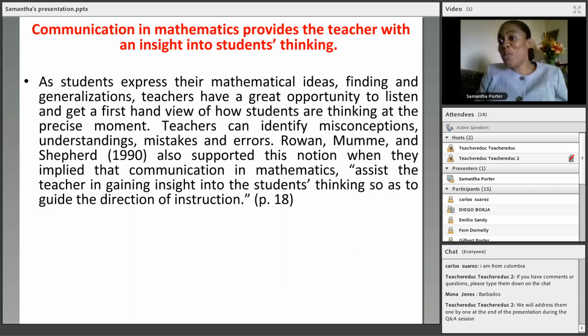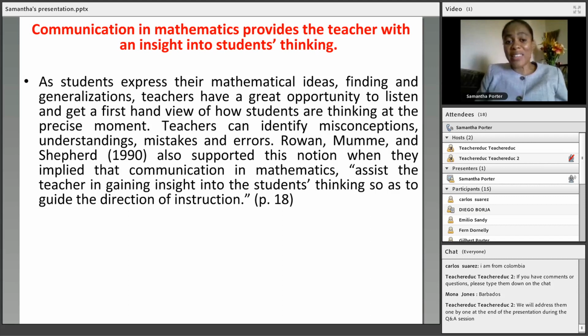We don't have to wait for a test or an assessment to understand how students are thinking. When we make communication an important part of our teaching, we get to know what students are thinking immediately, and we are able to adjust our teaching and address misconceptions. Teachers can identify misconceptions, understandings, mistakes, and errors as students communicate in the classroom.